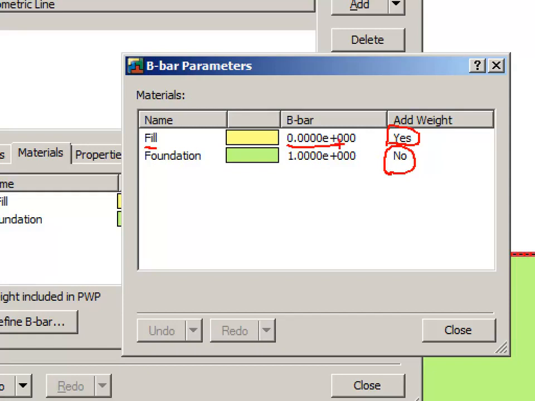Therefore, B bar is 0. The foundation, however, does respond to the fill weight, and the B bar in the foundation is 1. So repeating then, the foundation has a B bar of 1, but the self-weight of the foundation clay does not add to excess pore pressure. The fill has no excess pore pressure, but the weight of the fill adds to the excess pore pressure in the clay.